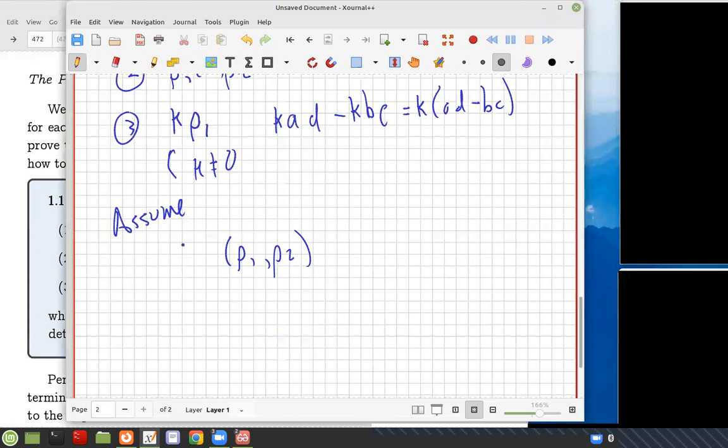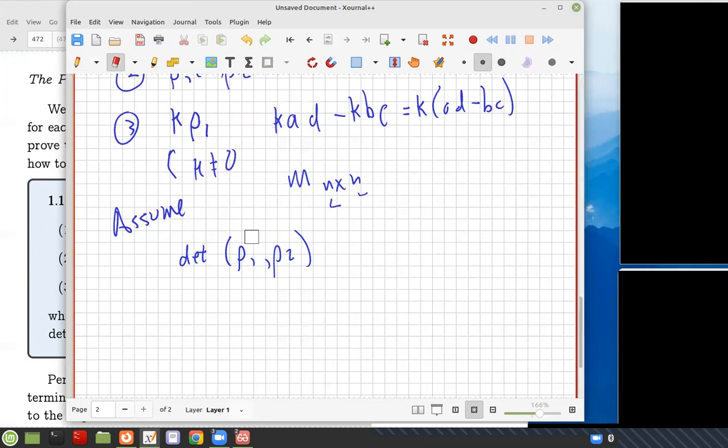So if we have some determinant for a fixed n by n matrix M, this is going to be 2x2. The determinant is a function that depends on the rows only. So we can think of it as depending on the rows.